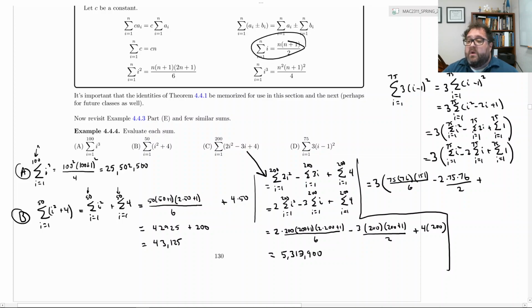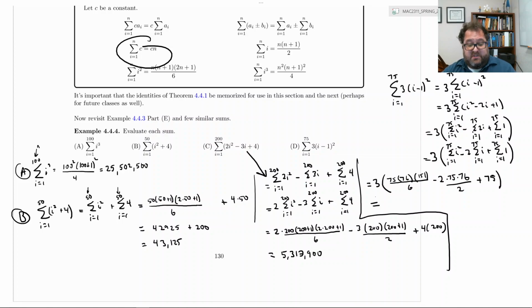Plus, we have the sum from i equal 1 to 75. So that's using the constant summation rule, which says you take the constant 1, multiply by the upper bound 75, so plus 75. Oh, and at this point, just a job for your calculator. So I'll multiply by the 3 last.